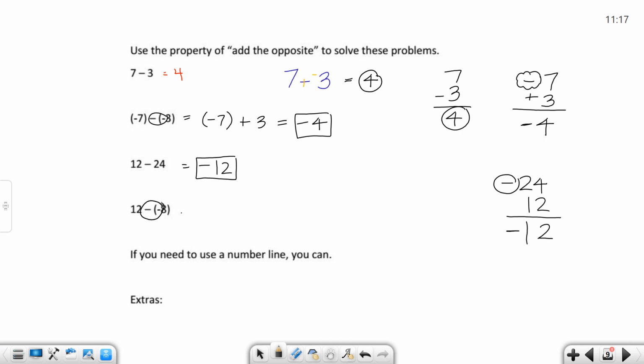For this one, I have two negatives. Two negatives make a positive, so this is 12 plus 8. And if I have a positive 12 and a positive 8, that's 20. You can put them on the number line, but if you had something like this with a 24 on it, that's going to be a little bit hard to do on a number line.